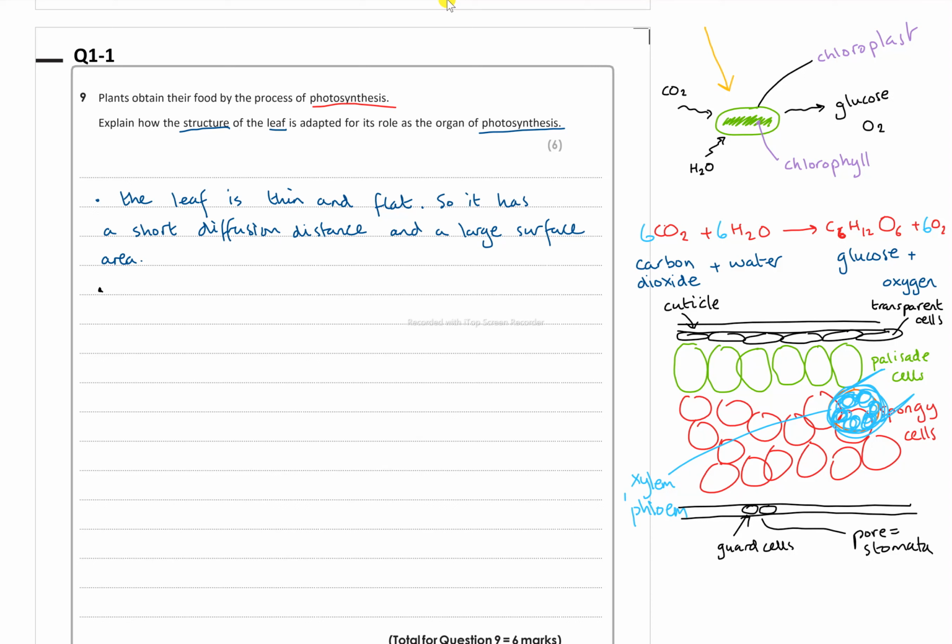Right, now we need to write about that. So we can say you have a transparent, that means it allows light through, waxy cuticle and cells that allow light through for photosynthesis.